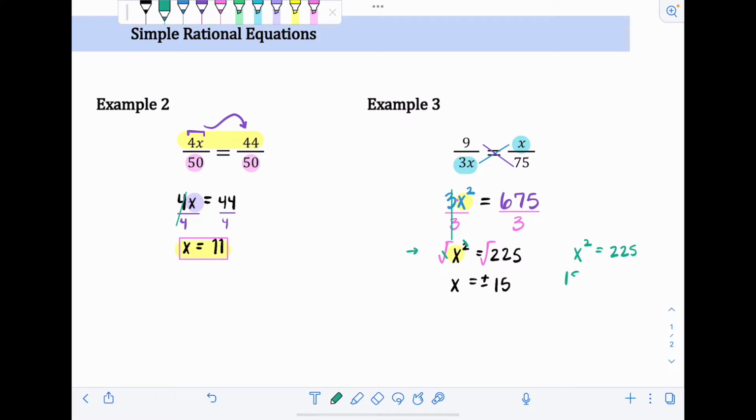Well, 15 squared is 225, but also if I take negative 15 squared, that's negative 15 times negative 15, which also turns into positive 225. So that's why both values work, the positive and negative version, because when you square it, it's going to turn positive. Okay, so x is equal to positive or negative 15.